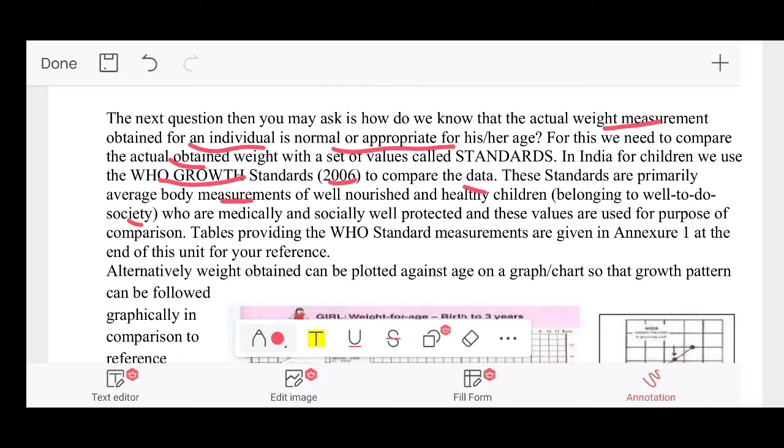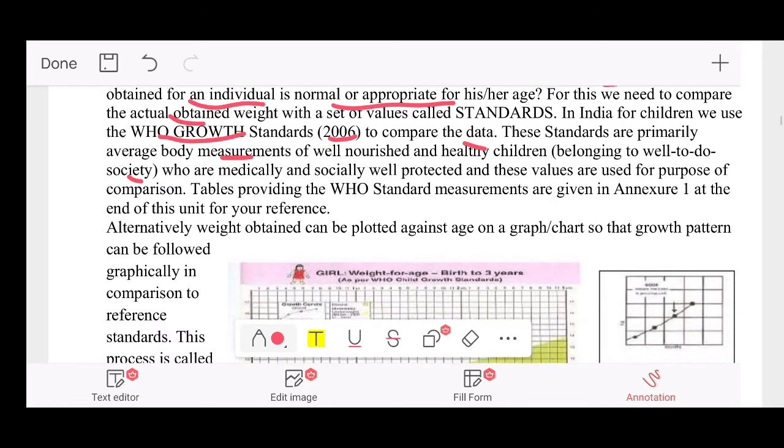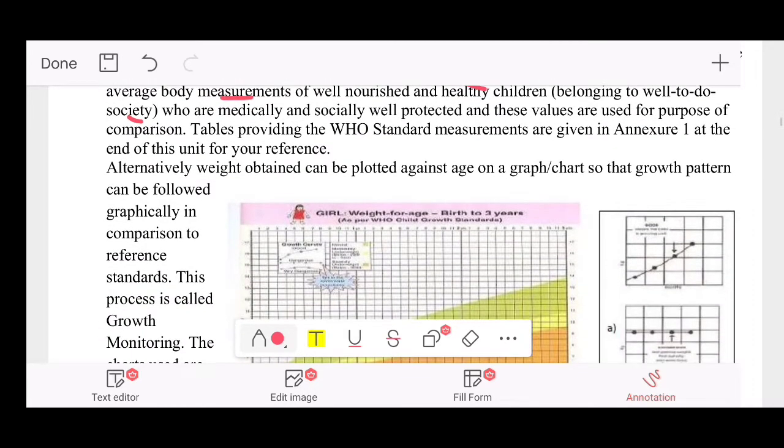Means at the time of making this standard scale, they took well-developed, properly nourished and healthy children, and after making that standard, we compare all children with that standard.